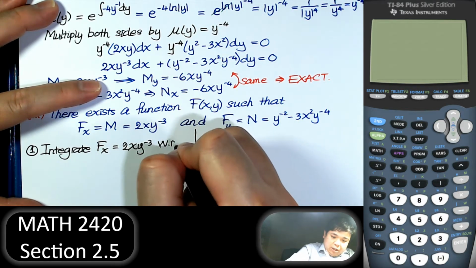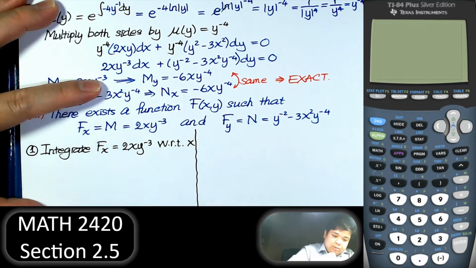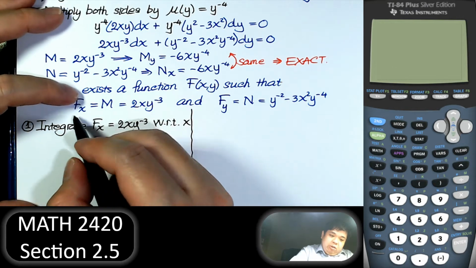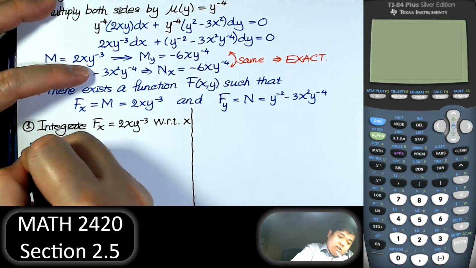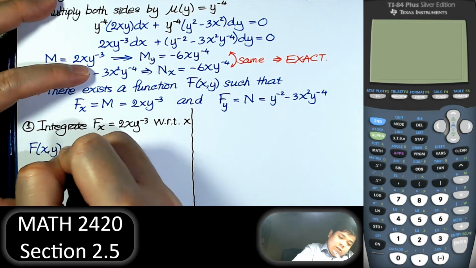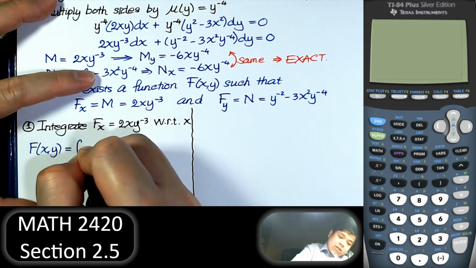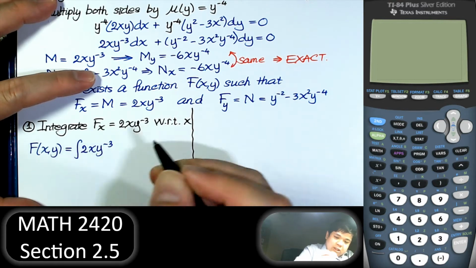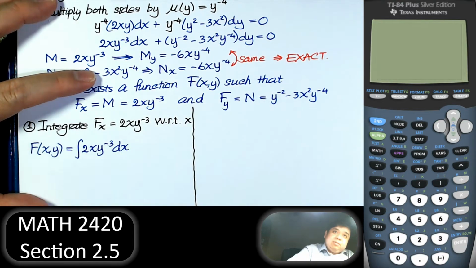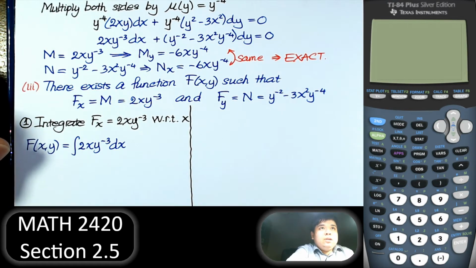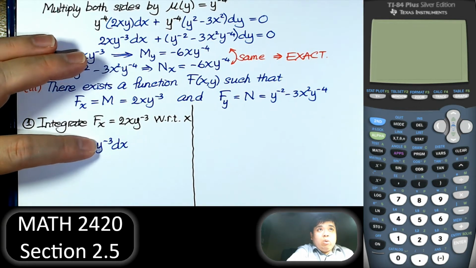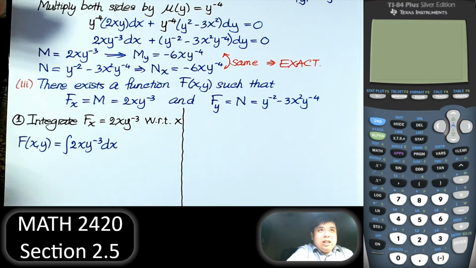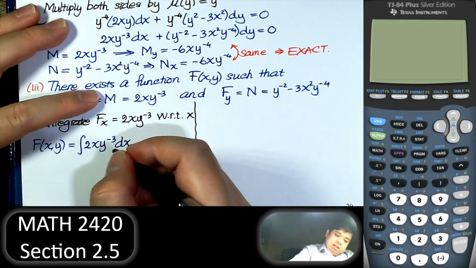If the derivative of f with respect to x is that, to get back to the function, we integrate 2x y to the negative 3 with respect to x. y to the negative 3 is a constant, so we just integrate 2x, which gives x squared.